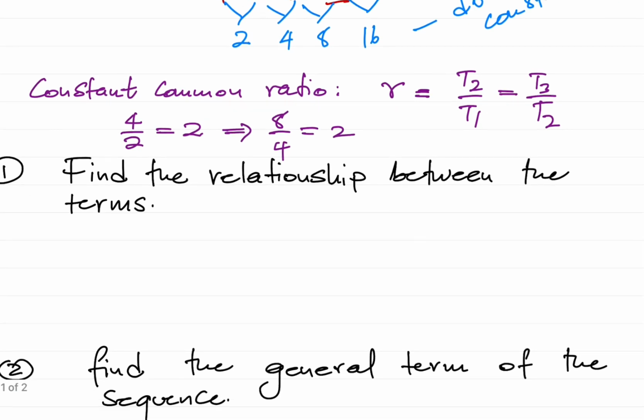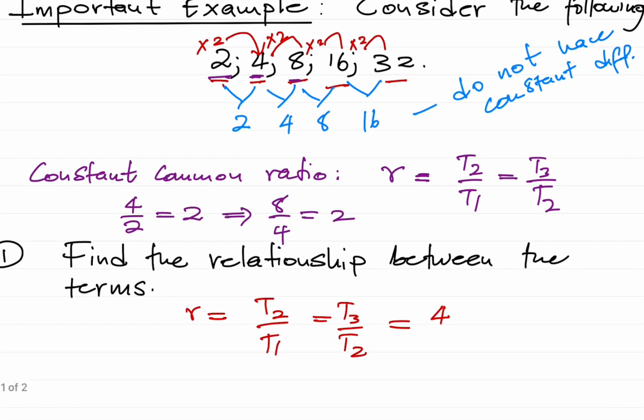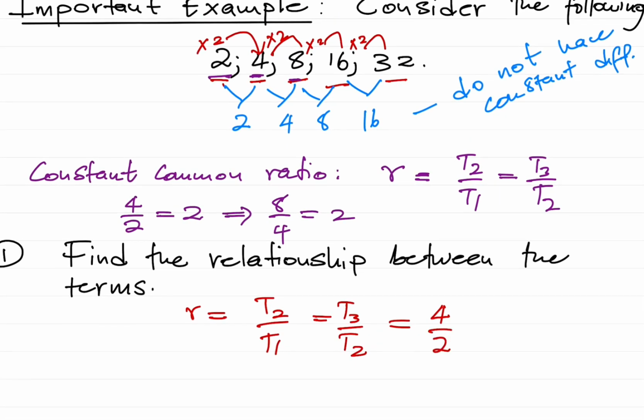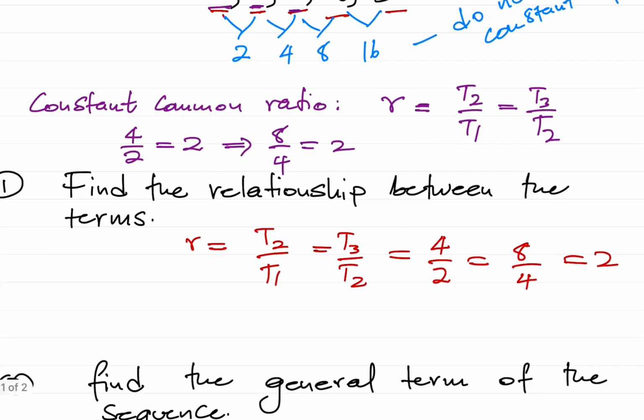So now they say to us, find the relationship between the terms. We know that the relationship between the terms, our R, is equal to T2 divided by T1, which is equal to T3 divided by T2. Meaning it's going to be 4 divided by 2, which is equal to 8 divided by 4. We get 2.